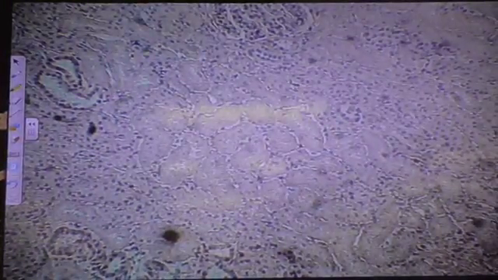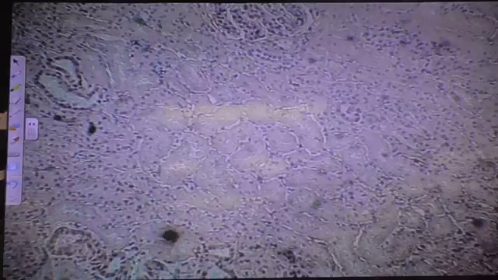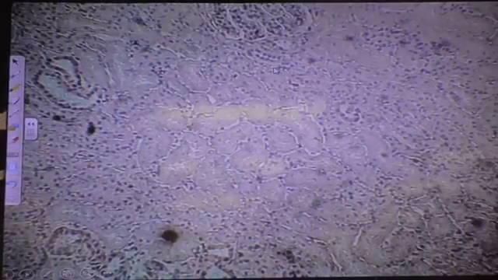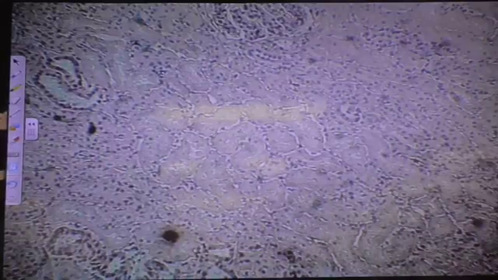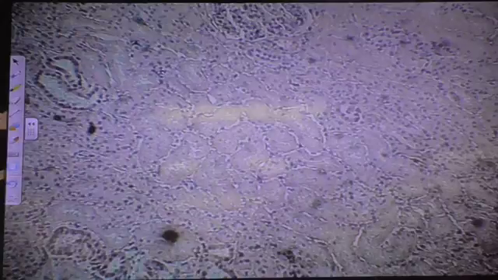Okay, so now, looking at the images that you have on Blackboard, that you have access to. This is a kidney, a microscopic picture of a kidney from a dog that was treated, I think, with aminoglycosides, which if you treat animals with that antibiotic and you don't give them adequate water, that can cause some serious renal damage.